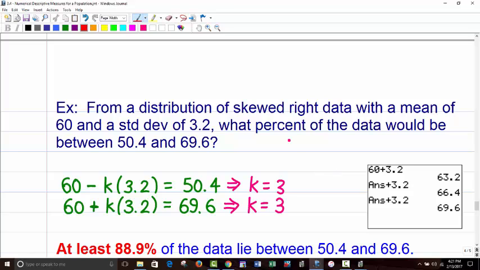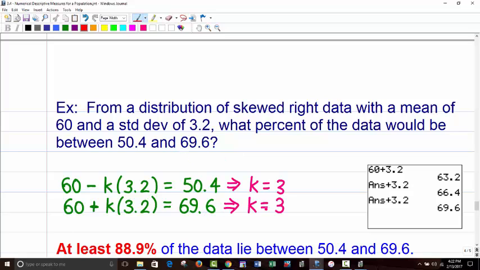So we need to know how many standard deviations, either adding or subtracting. This time I added. Earlier in my example I subtracted, but it didn't matter. So this time I decided to add and say, okay, how many times do I have to add 3.2 to get to 69.6? And notice it took me 3 times, didn't it? It took me 3 additions of 3.2 to get to 69.6.